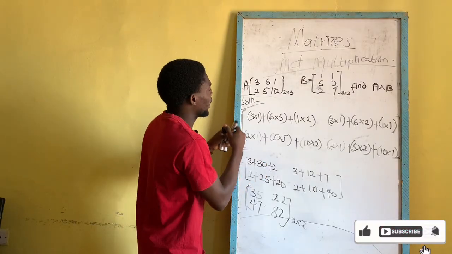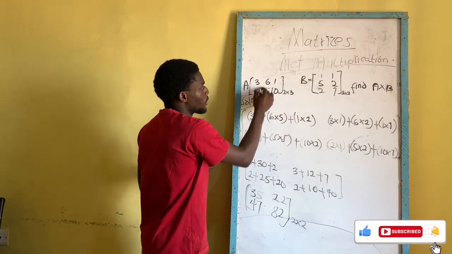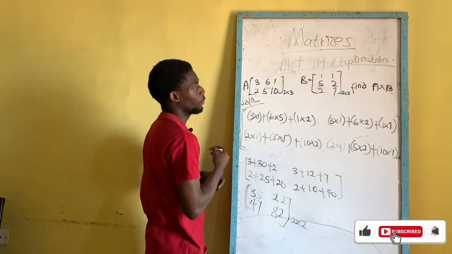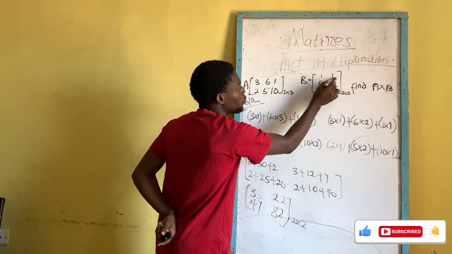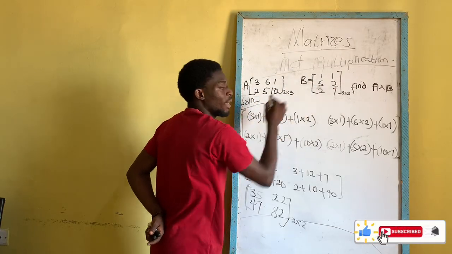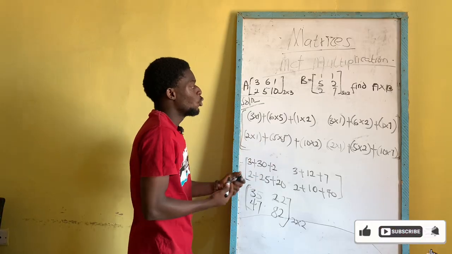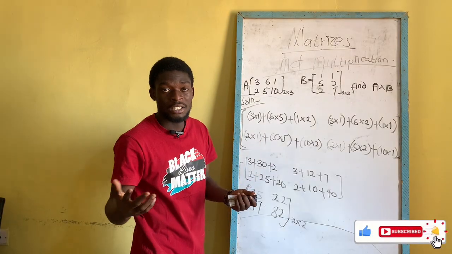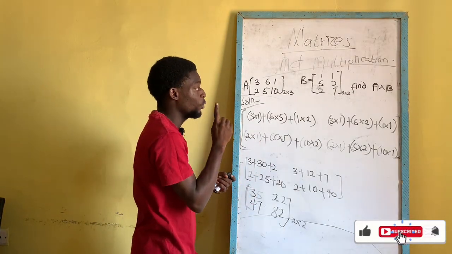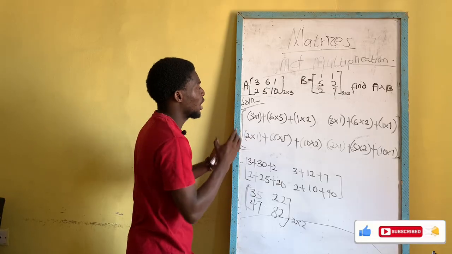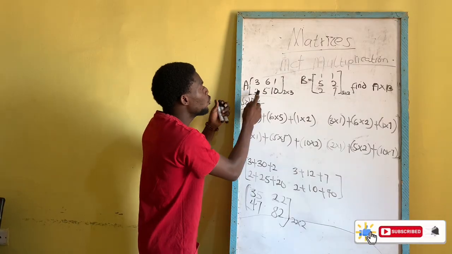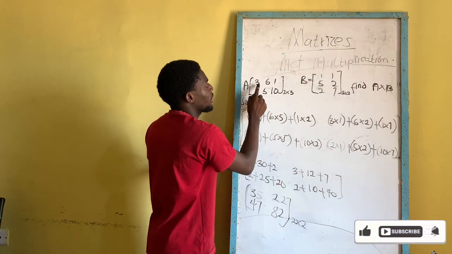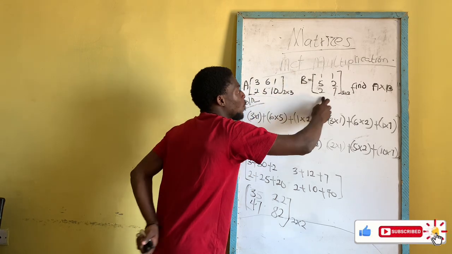Now let's look at this. We have first column, second column, and third column. We have here first row, second row, and third row. Now they are conformable. You just multiply. By multiplication, you can make a mistake, but when you are doing the multiplication, please and please, you have to be vigilant. You take your first row, which is 3, 6, 1, and multiply by the column.